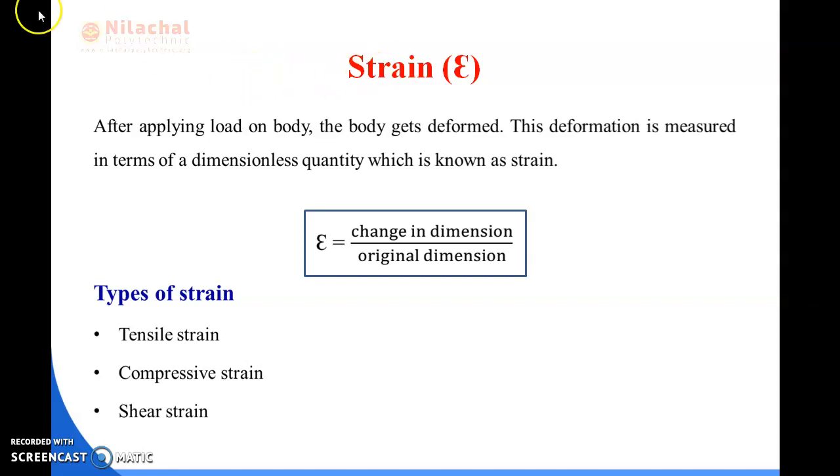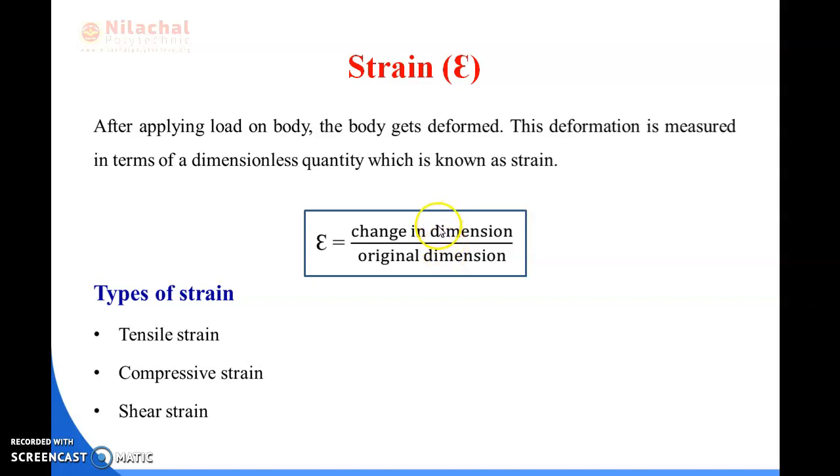By definition, after applying load on a body, the body gets deformed. This deformation is measured in terms of a dimensionless quantity, because the change in dimension is in a single unit like centimeter or millimeter, and the original dimension is also in a single unit like centimeter or millimeter.